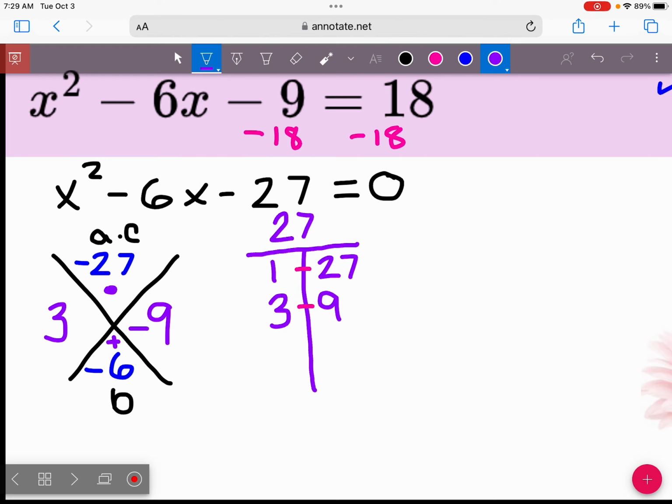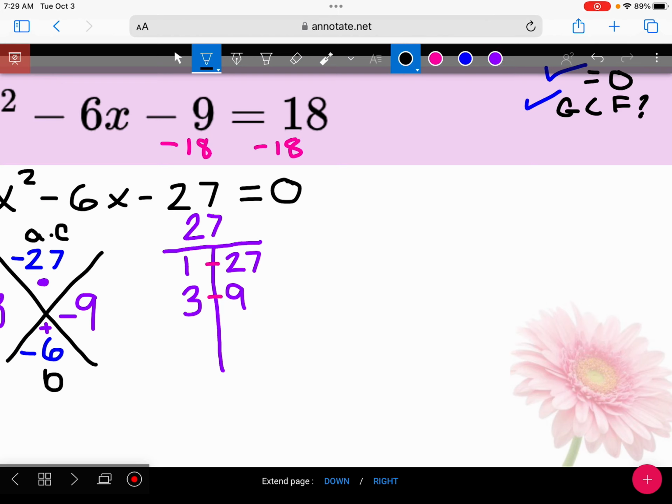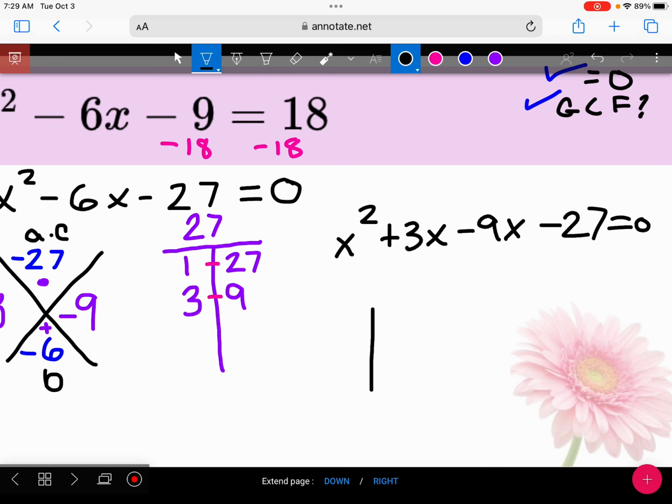What this tells me is that before we combined like terms, this was really written as x squared plus 3x minus 9x minus 27. So if we think about when we multiplied and we put all 4 pieces in the box, those are the 4 pieces. So if you are a boxer, mathematically, not physically, these are our box pieces.